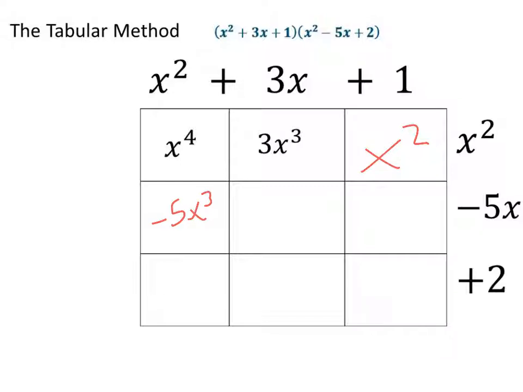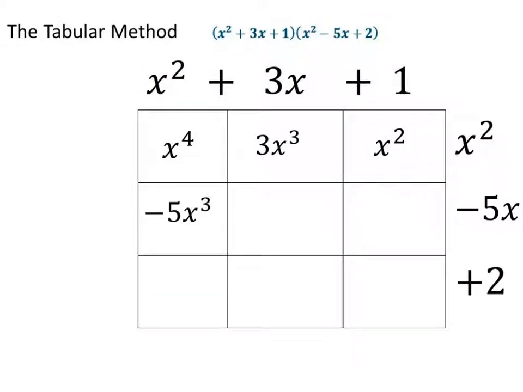Not necessarily so all the time, but just to review, you would do negative 5x times x squared. So 1 times negative 5 is negative 5, and then x squared times x is x cubed. That's how I got this other entry over here.